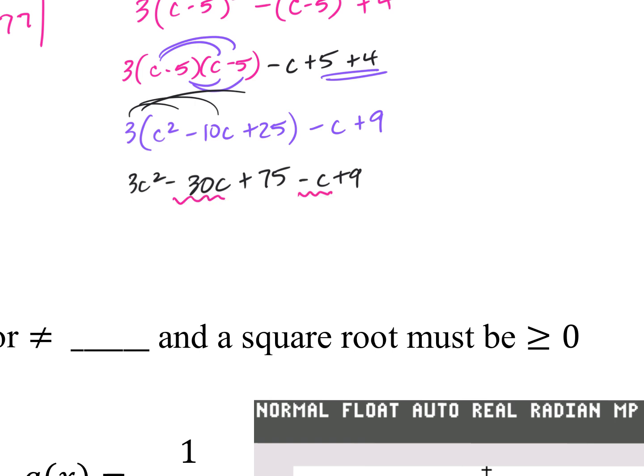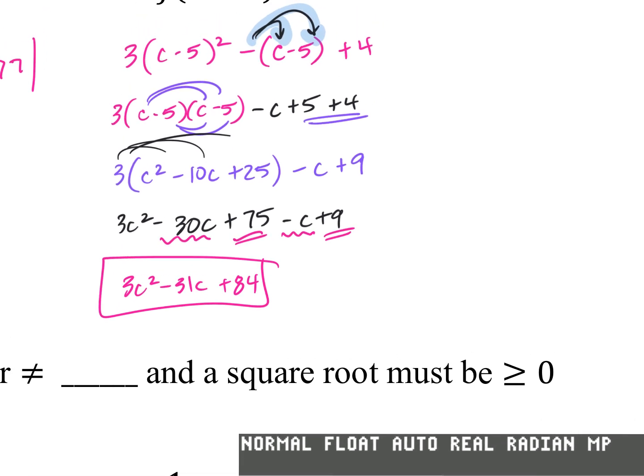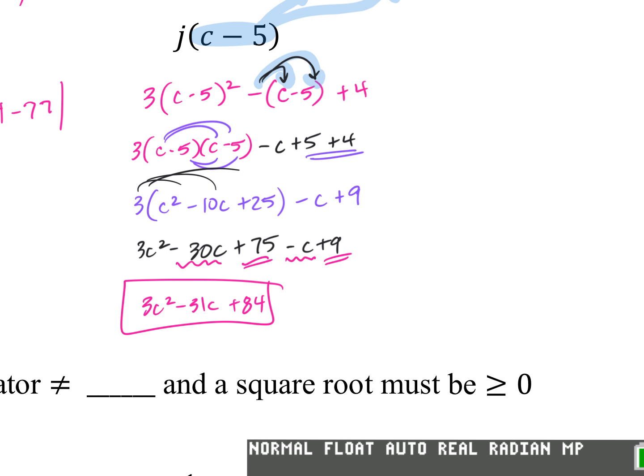Negative 29 or negative 31? Nice. Negative 31c. 75 plus 9. Good. And we're done there. Whew. But those were 2 big things I was truly trying to trick you with: that squaring as well as distributing that negative.